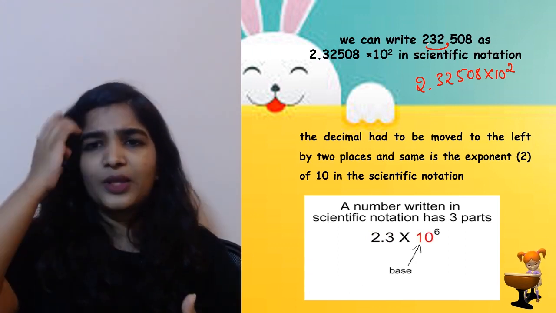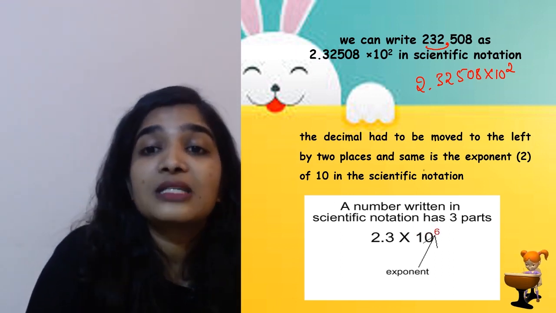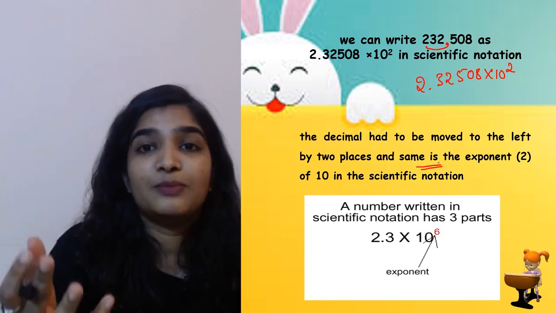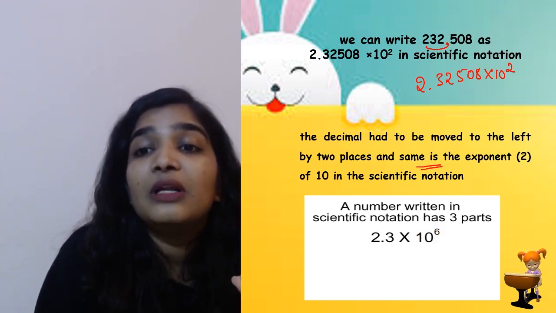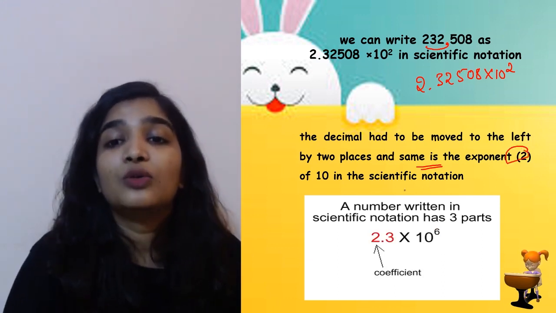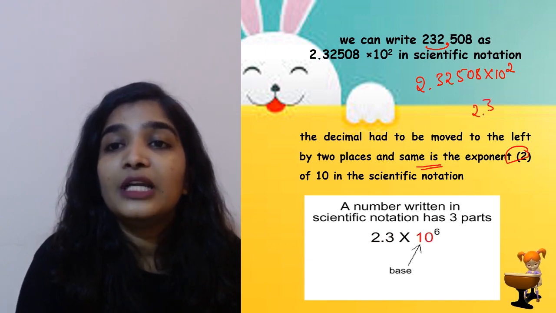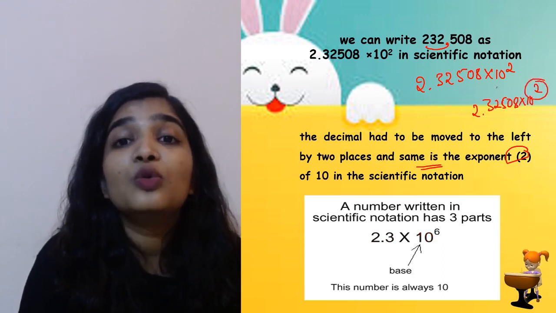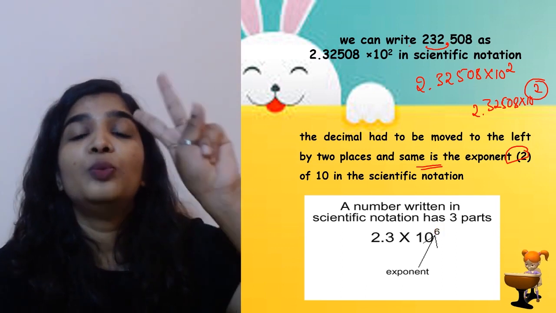We have moved the decimal point by 2 places, and the same is the exponent. By how many places you move the decimal point, that will be your exponent. Why is it 2? Because you have moved the decimal point by 2 places.